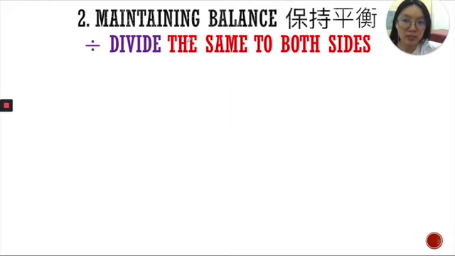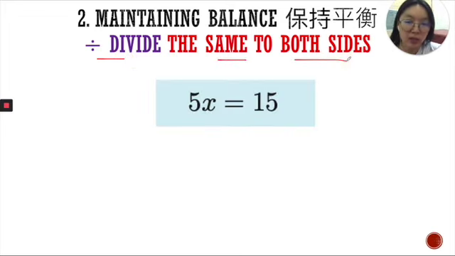The last one is divide. Divide the same on left and right sides. Let's look at this: 5x equals 15. Again, my objective is to get x equals a number. So I have to make this disappear. To take 5 away, I need to understand that between 5 and x there is a hidden times.